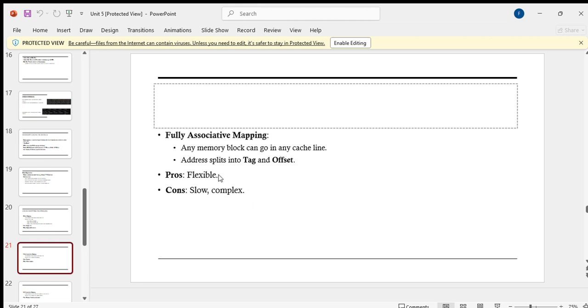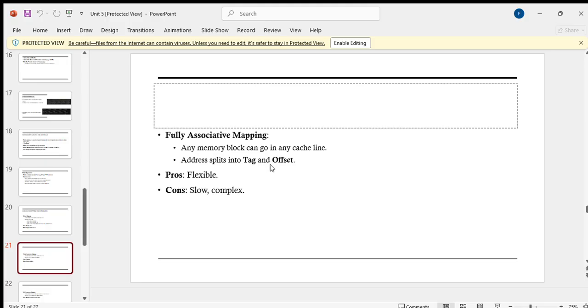Since any block can go anywhere, there are no conflict misses. Going back to our previous example of providing a seat for every student one to one, if student 2's seat was occupied by someone, he can move to the next seat and have it as his or her seat. So there's no conflict or disorganization in fully associative mapping.